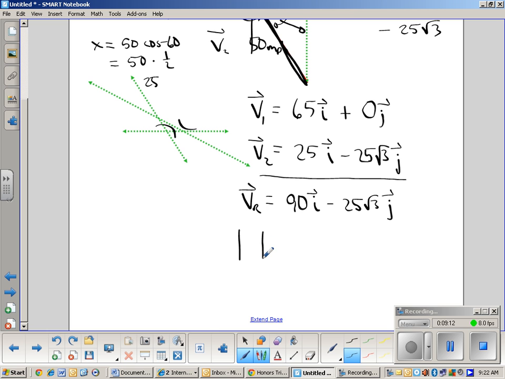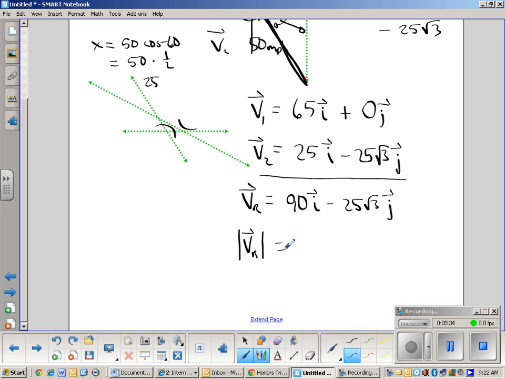Question now is, what is the magnitude of that going to be? How do we find the magnitude of a vector? Take the absolute value.